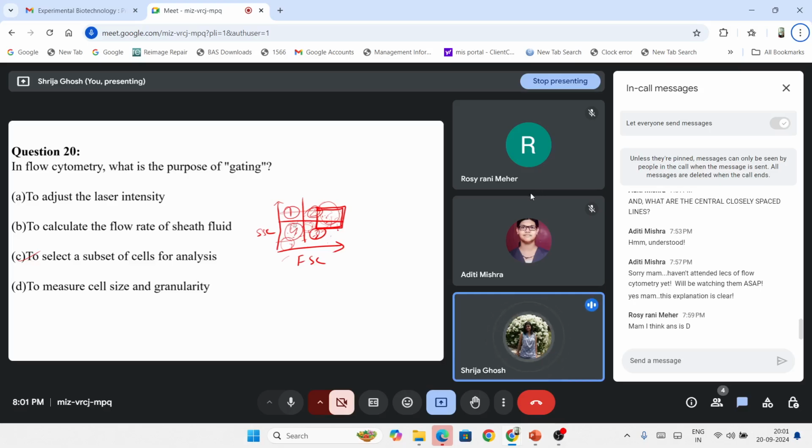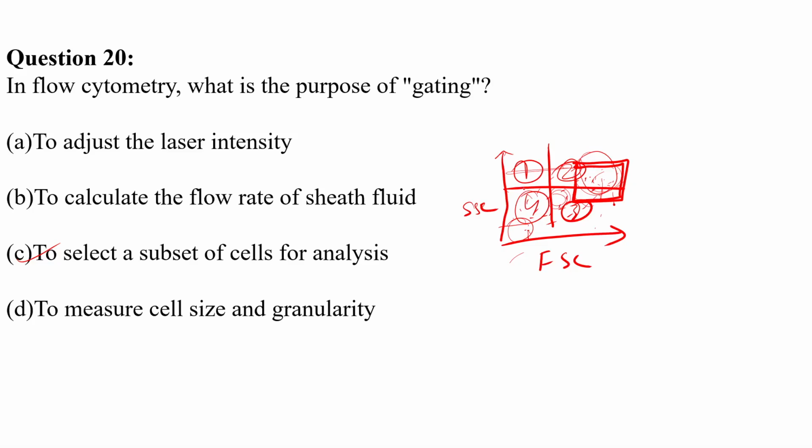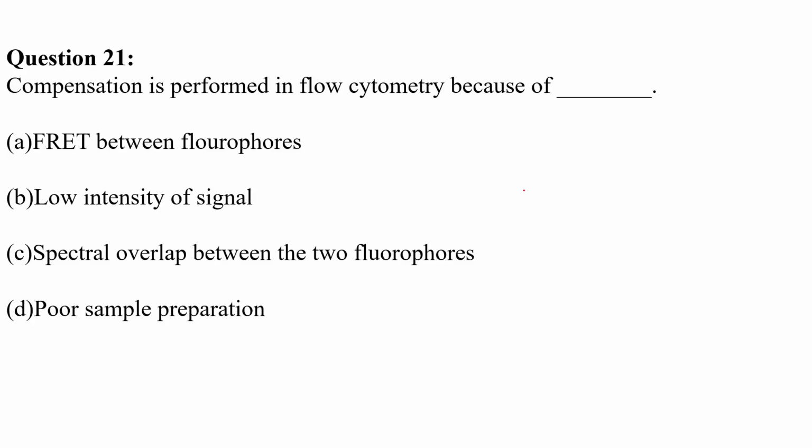That is how things work. I'm explaining it in as simple language as possible. When you watch the video, you will understand the technical terms. So option C, to select a subset of the cells for analysis, is the correct answer.